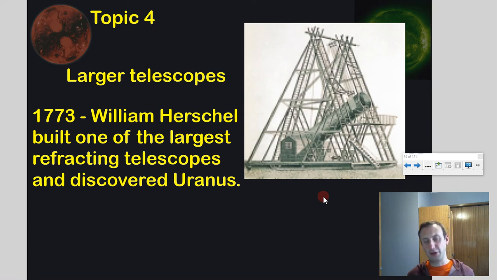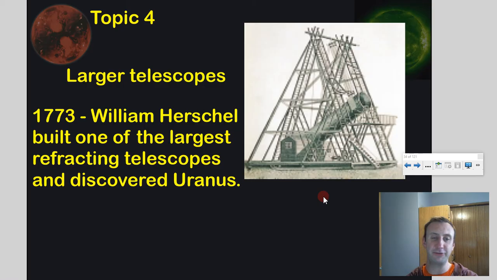So larger telescopes are something that you learned a little bit about in that podcast when we looked at the mountain in Hawaii where they have tons of telescopes, and because of the high altitude, there's a huge advantage there when it comes to not having as much atmosphere between space and celestial bodies and the telescopes themselves.